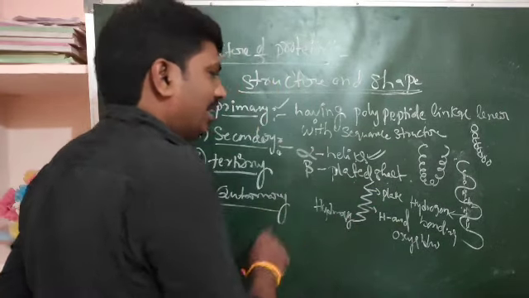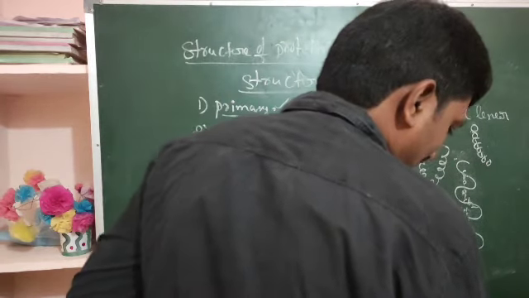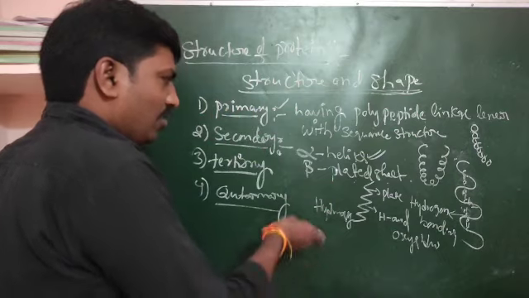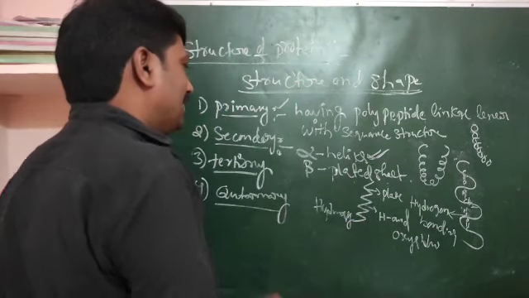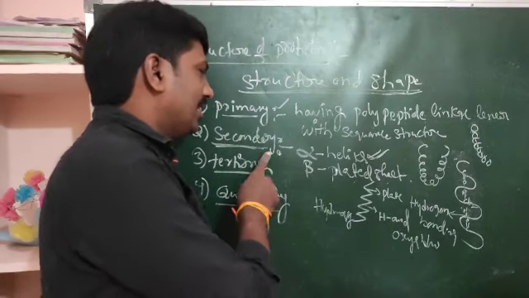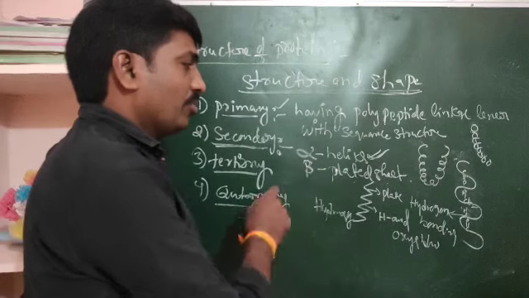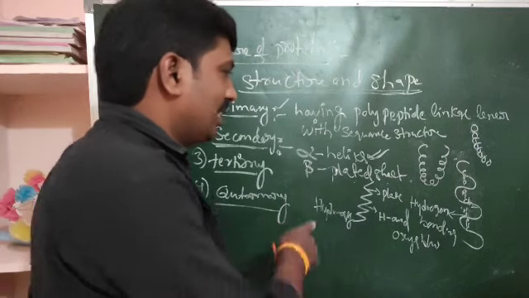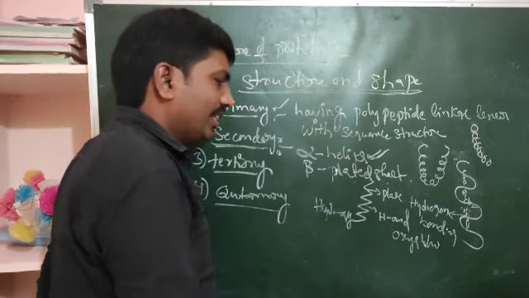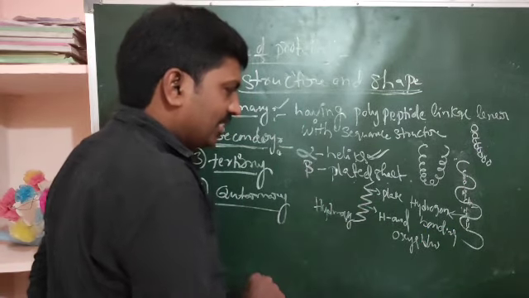There are two types, helix and pleated sheet. So secondary proteins exist in two types of shapes, alpha helix and beta pleated. Alpha helix will be like this, and beta pleated will be like this.